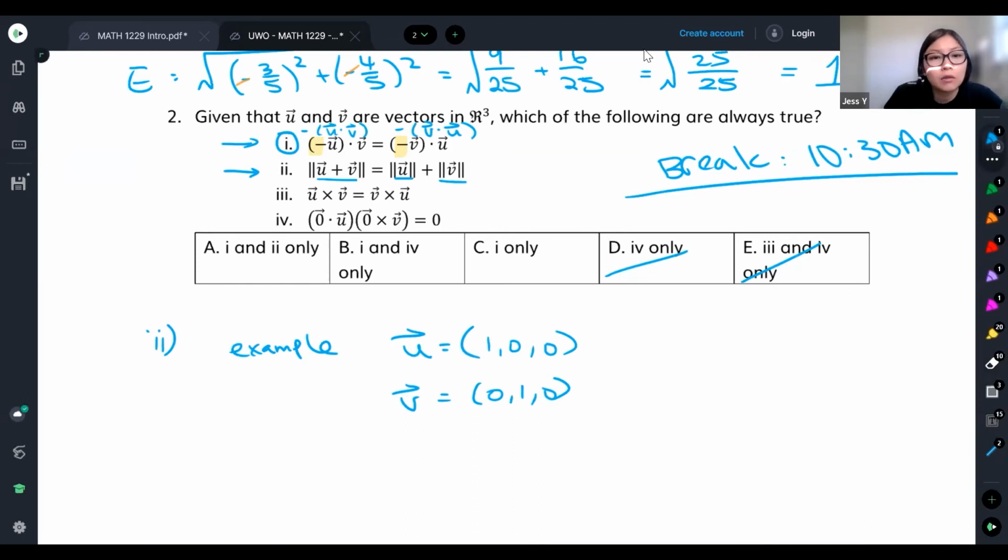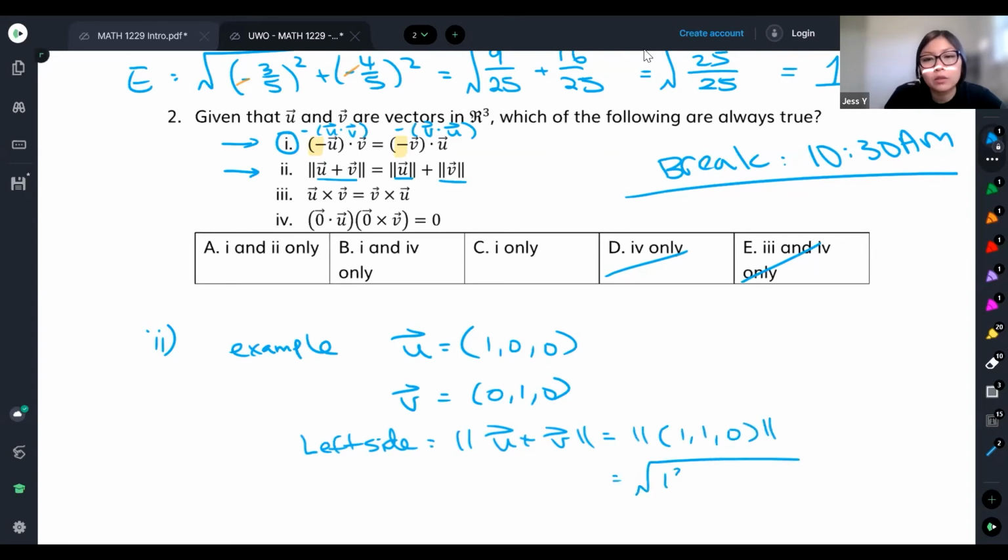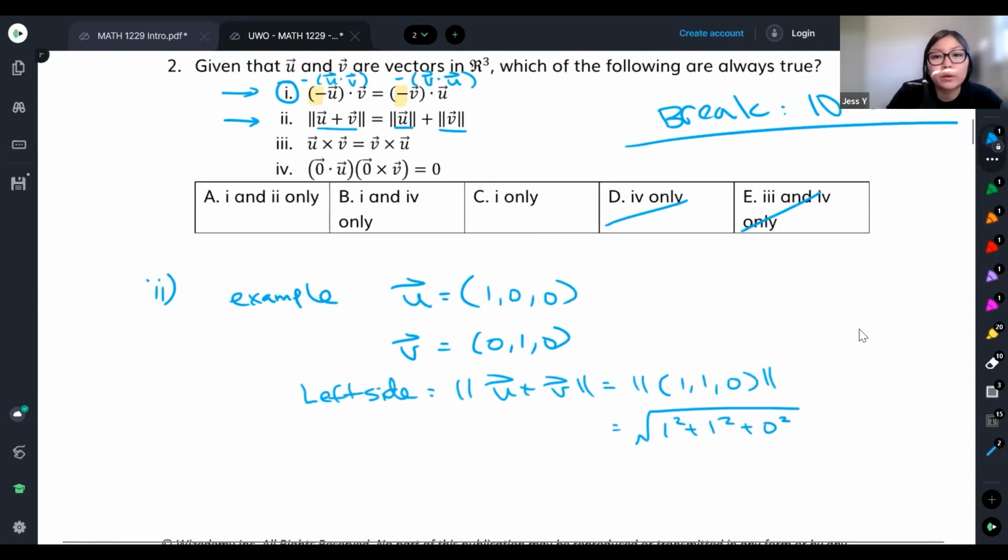Let's test it out. On the left side of the equation, we had the length of u plus v. So let's calculate that. That's the length of 1, 1, 0. And that's going to be the square root of 1 squared plus 1 squared plus 0 squared. So that's the square root of 2, right?